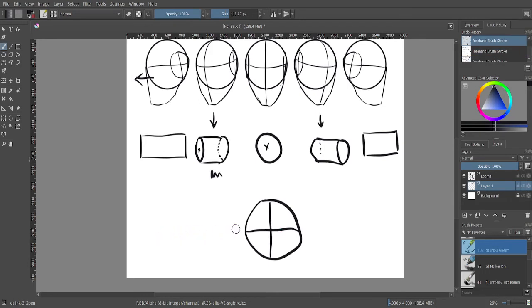So if I want the ball to look this way, I would draw the line curved towards that direction that I want. And this is the vertical line, this is the horizontal line. And now you can clearly tell it's facing this way.